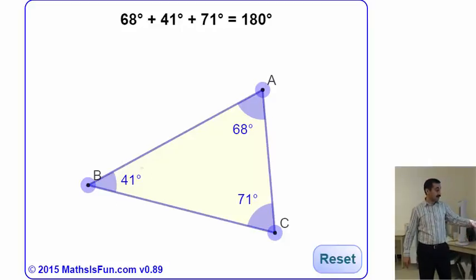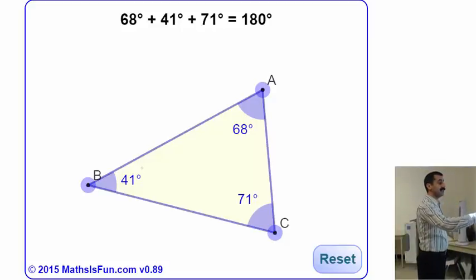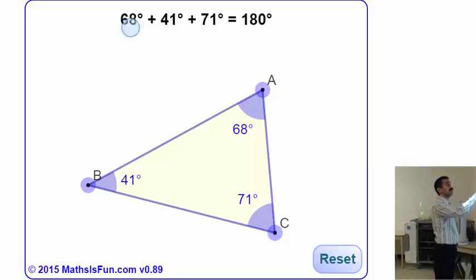So B is 41, C is 71, and A is 68. Three of them together, you can see 68, 41, and 71. Three of them together is 180 degree. As I mentioned, always you will get 180 degree. And now let's play with it.